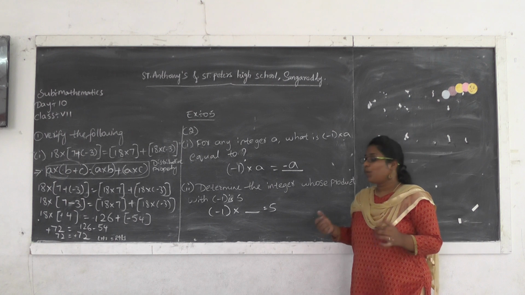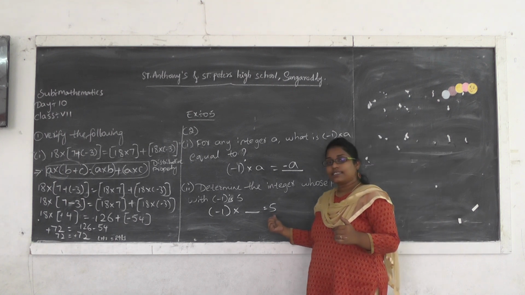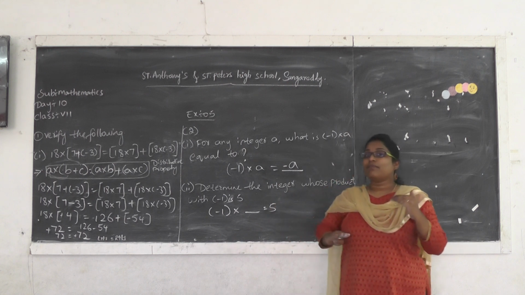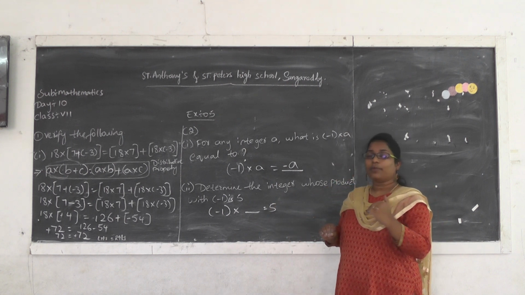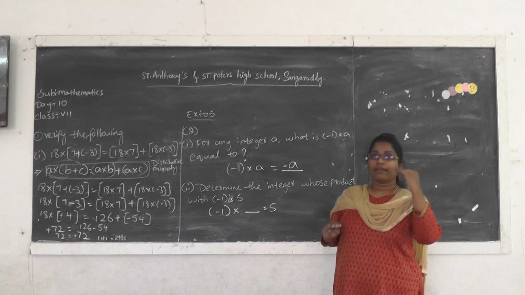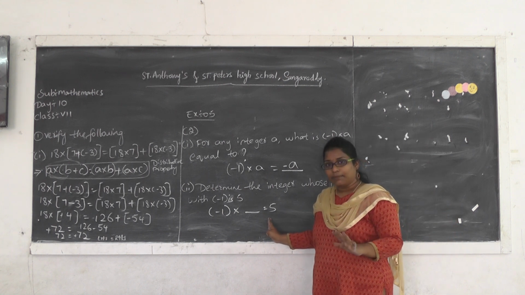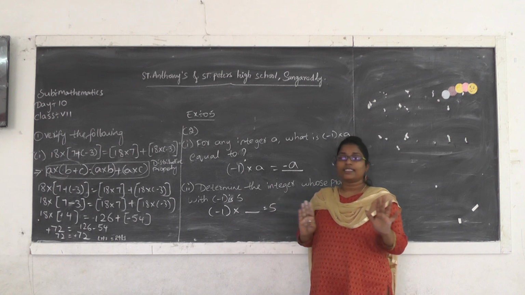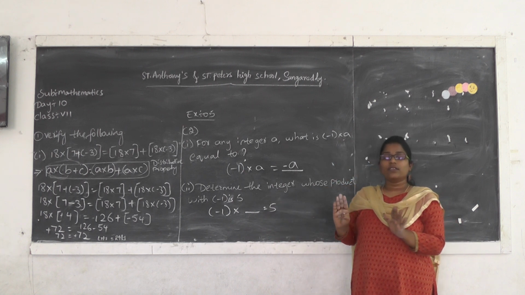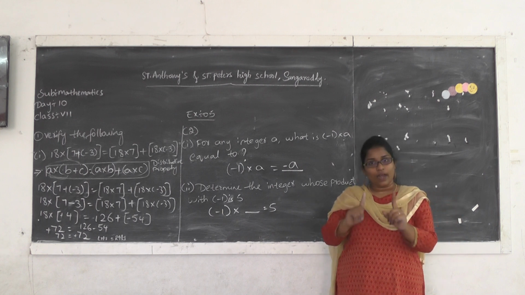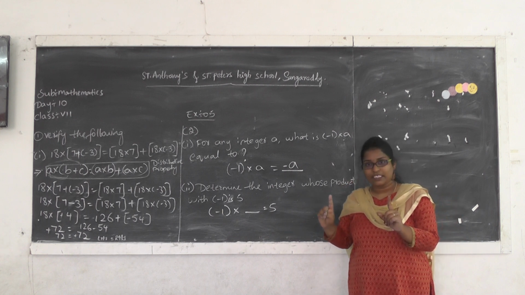Now we know that the result is 5. So with which integer should we multiply 1 to get the result as 5? If we multiply with 5, then only the result will be 5, because according to the multiplicative identity, if we multiply any integer with 1, the result is not going to be changed.